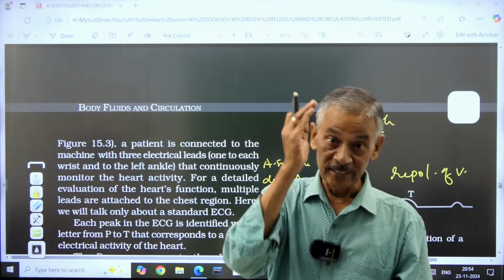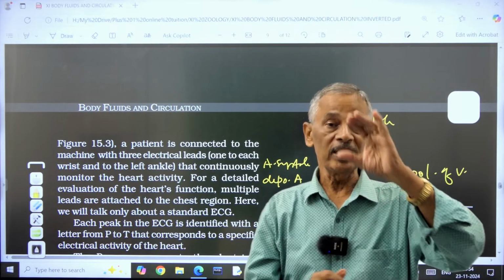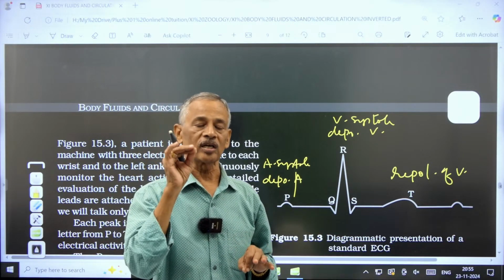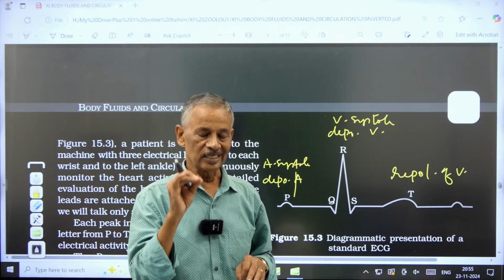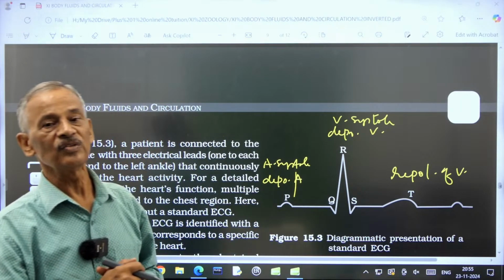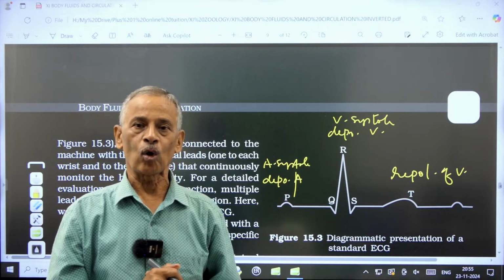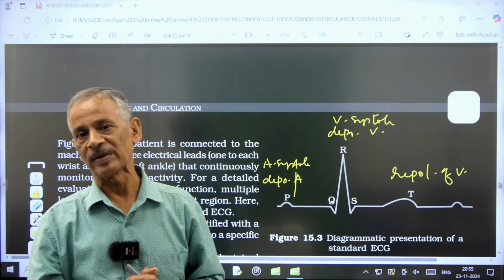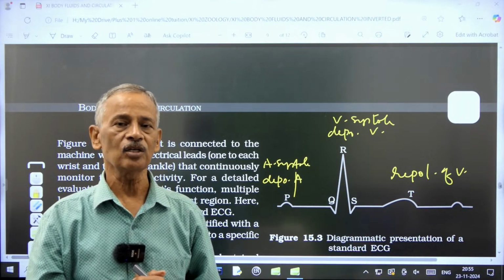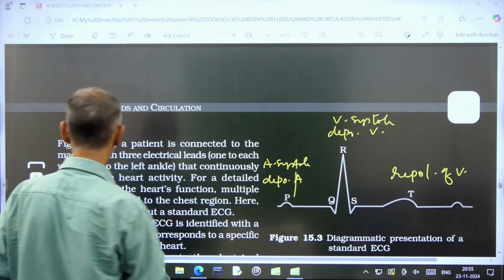So from the frequency and the amplitude of the QRS waves, doctors will detect changes in the functioning of the heart. So ECG is a very important one. It records only the electrical disturbances, potential differences, that occur on the walls of the heart during a cardiac cycle.